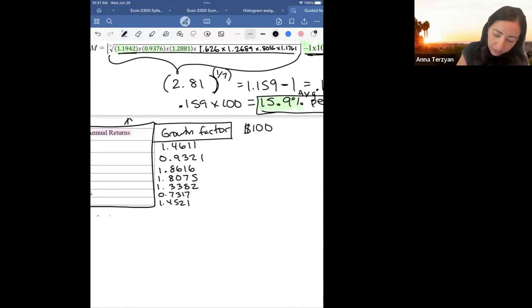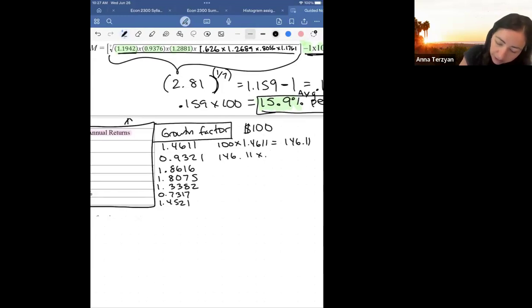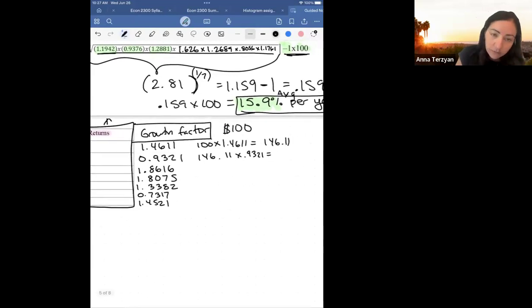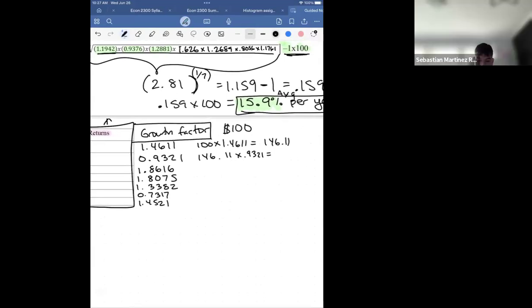First year, we grew 46%, so that's 100 times 1.4611. So we have 146.11 at the end of the first year. Second year, we lost some. How much money do we have at the end of the second year? $136.18.